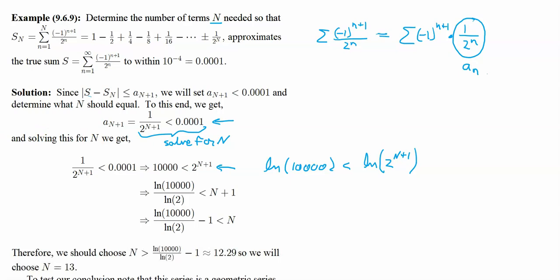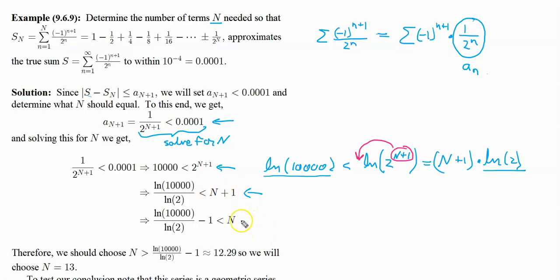Drop this n plus 1 out in front of the natural logarithm, and so you're going to end up with this side equaling n plus 1 times the natural log of 2. Now just divide the natural log of 2 underneath the natural log of 10,000 over here to move it over to the left-hand side of the inequality, and you end up with this line right here.